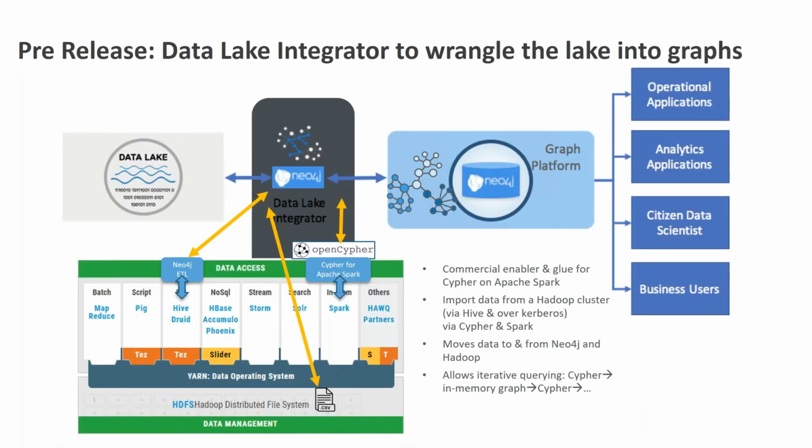Now, I'd alluded to earlier this idea of a data lake integrator kind of product or kind of capability as well. And what this does is it starts to combine the capabilities that I've introduced a moment ago from both the Neo4j ETL functionality as well as the Cypher for Apache Spark functionality. Just different ways in which to obtain and distill graphs from non-graph data. The interesting one here is this data lake integration capability also adds the ability to read in or write CSV files directly from HDFS.